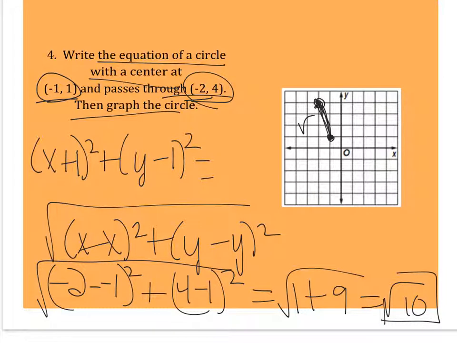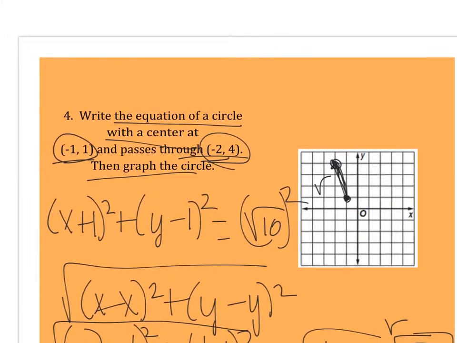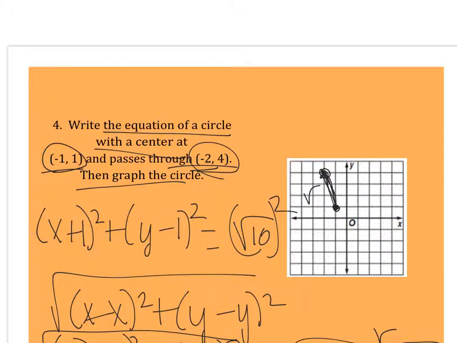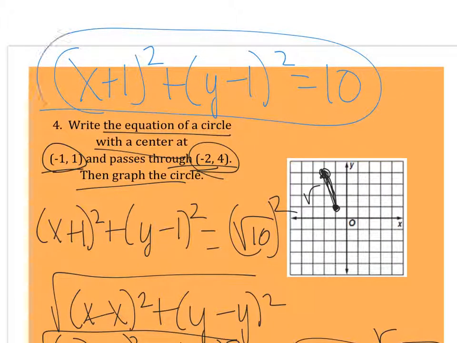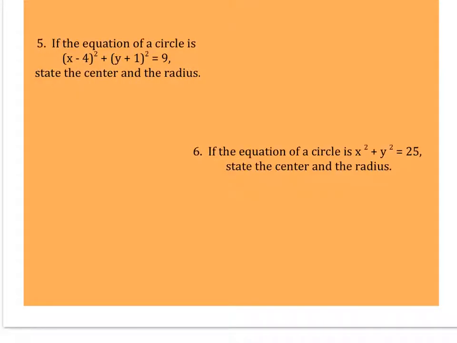So my radius becomes square root of 10, and radius squared becomes square root of 10 squared. So the final equation here, I would write (x plus 1) squared plus (y minus 1) squared equals 10. Boom, there you go. Now, remember distance formula, that came back, so you're probably going to want that.